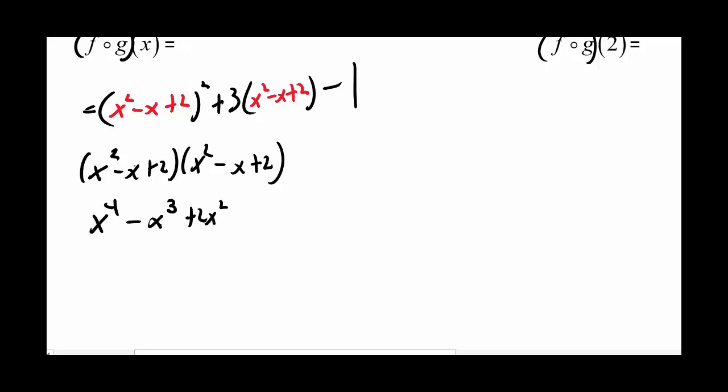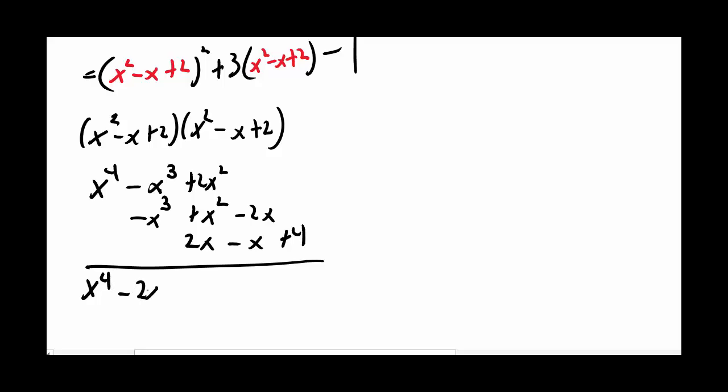And then we'll do the same thing with the x. So negative x times x squared is negative x cubed plus x squared and minus 2x. And then we'll go back and get the 2. So that would be 2x squared minus x plus 4. And so that's x to the 4th minus 2x cubed plus 5x squared minus 3x plus 4.